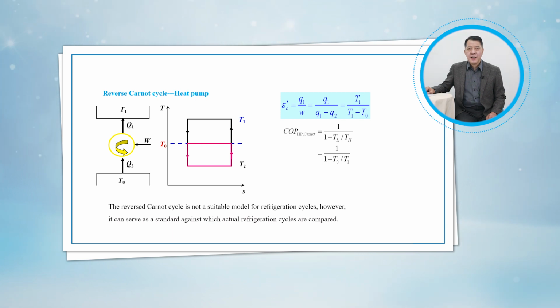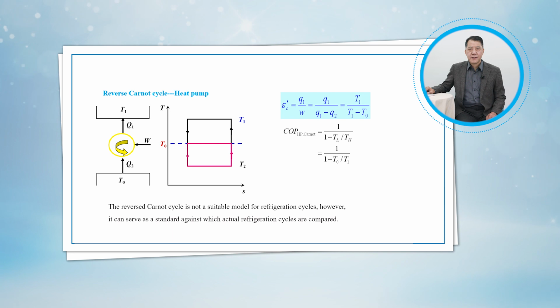The two isothermal heat transfer processes are not difficult to achieve in practice, since maintaining a constant pressure automatically fixes the temperature of a two-phase mixture at the saturation value.